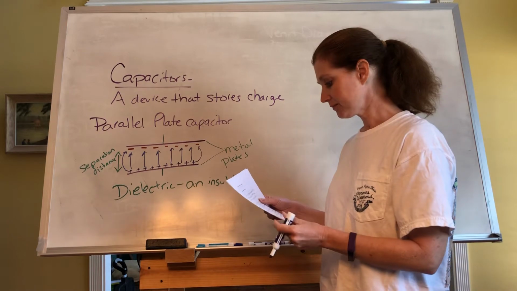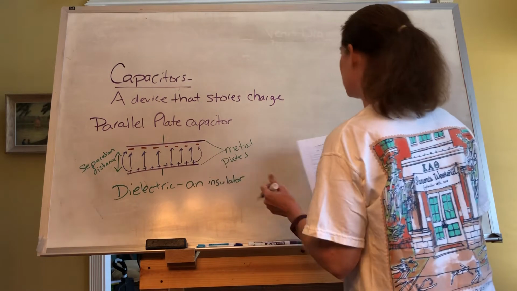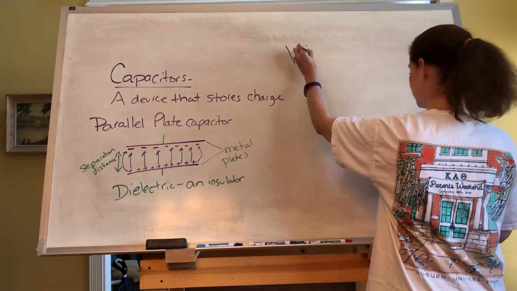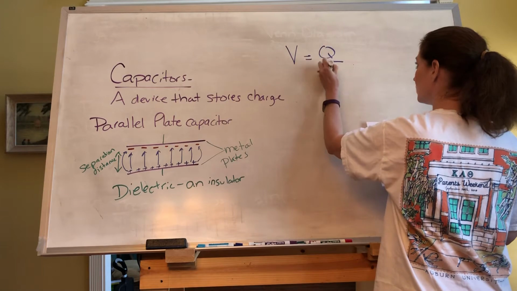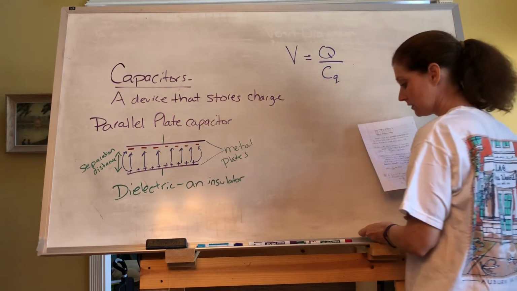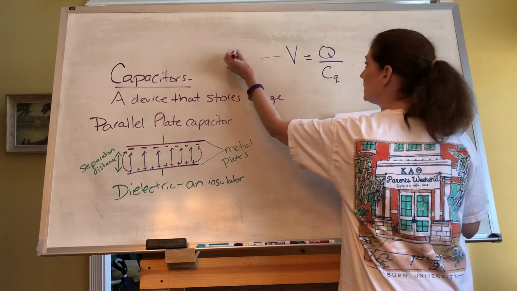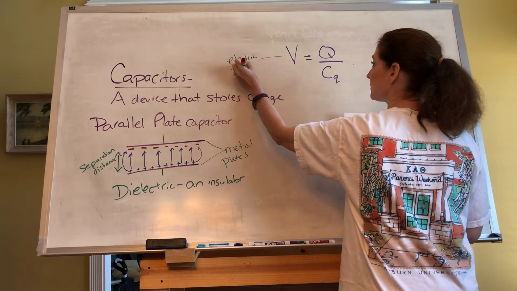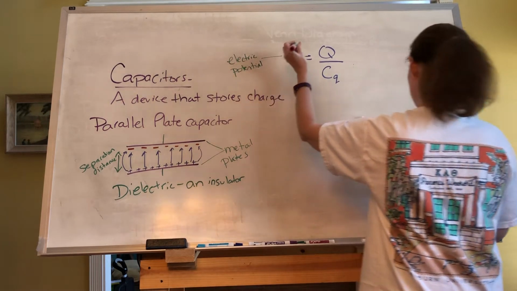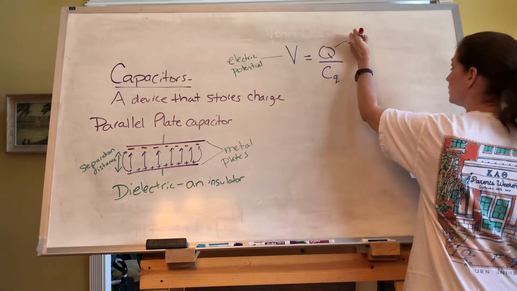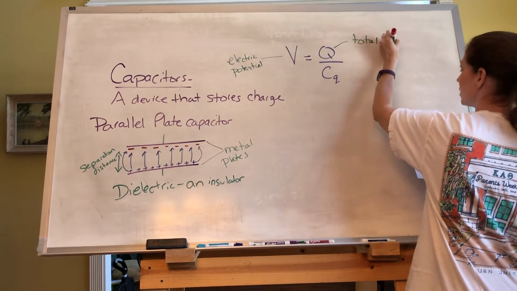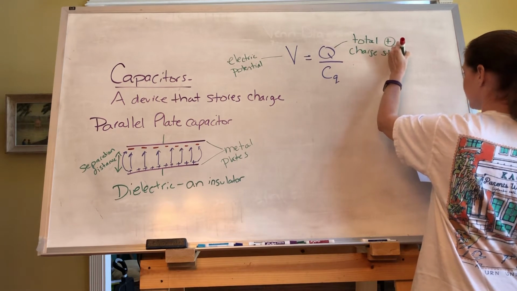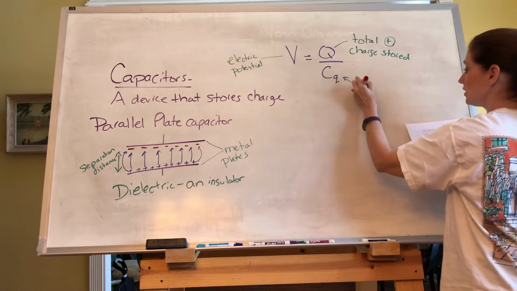All right, to calculate the electric potential of a capacitor, V is our electric potential. Q is the total positive charge stored. And then C is the capacitance.